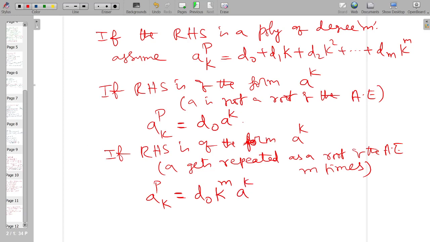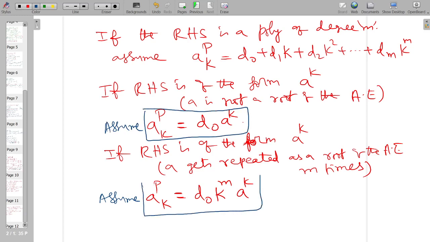This is the thing that you have to assume. When you have a product, suitably you take a combination of these two, and that would give you the particular solution.